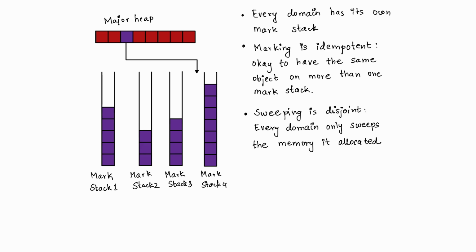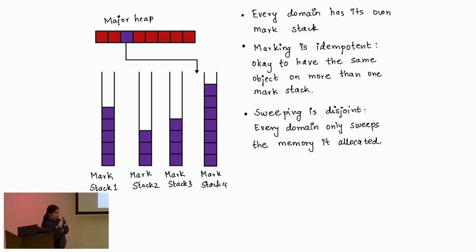Marking is idempotent, meaning you can mark an object as many times as you want, it doesn't matter. So it's possible to have the same object in 2 different mark stacks, which is more work than ideal, but still fine. It's not incorrect, and it also means that we do less synchronization work. So overall, it is a win situation.